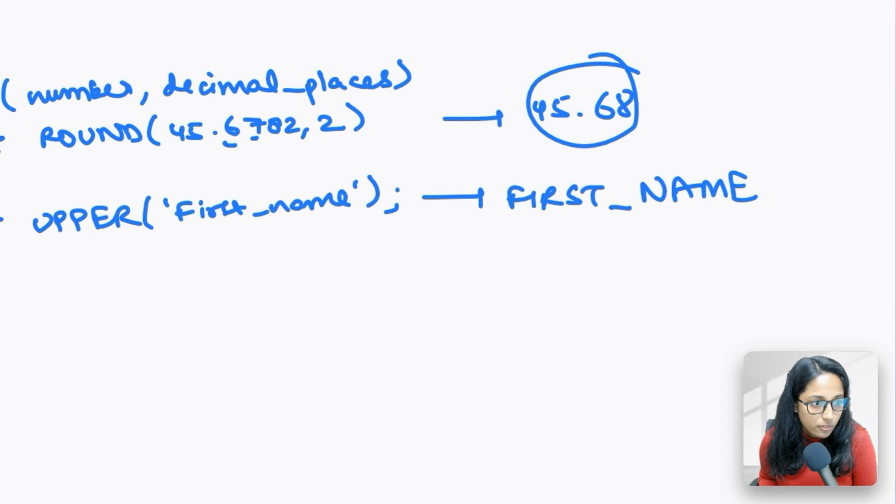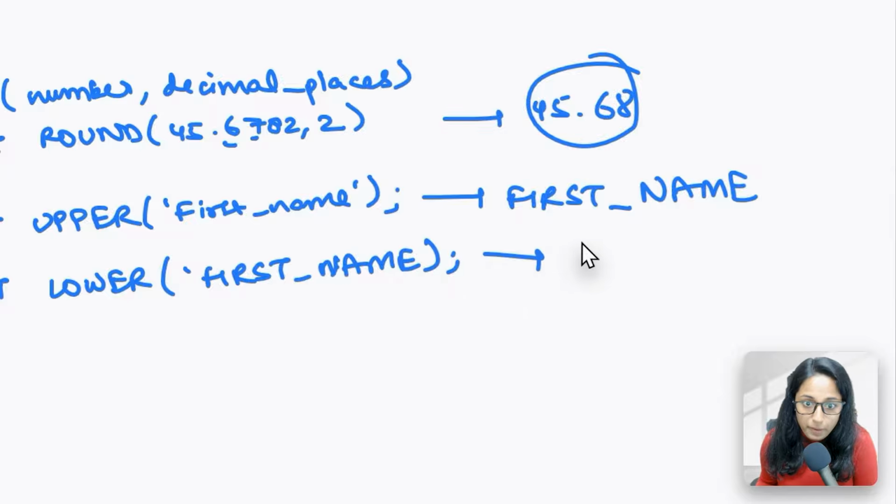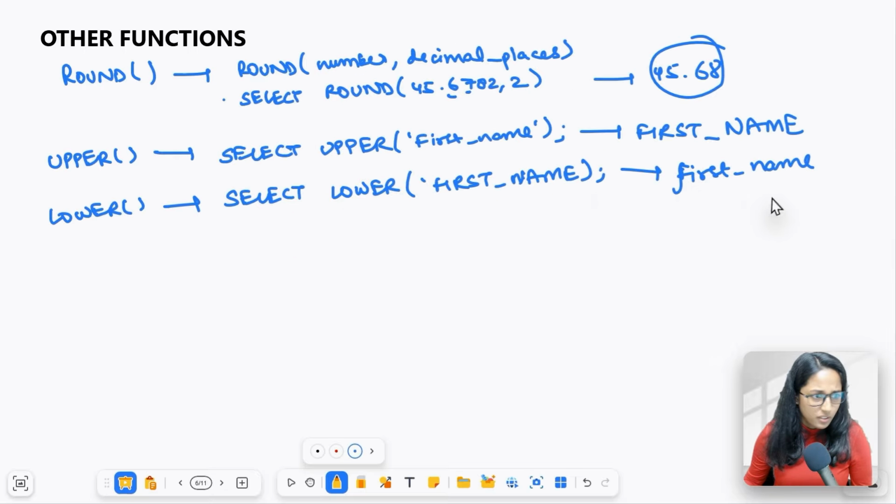Similarly, we have one more function called lower. If I do select lower and first name, all the characters become lowercase, so my output would be first_name. It is very simple. While coding, you might also have used all of these functions, so it won't be too complex here.